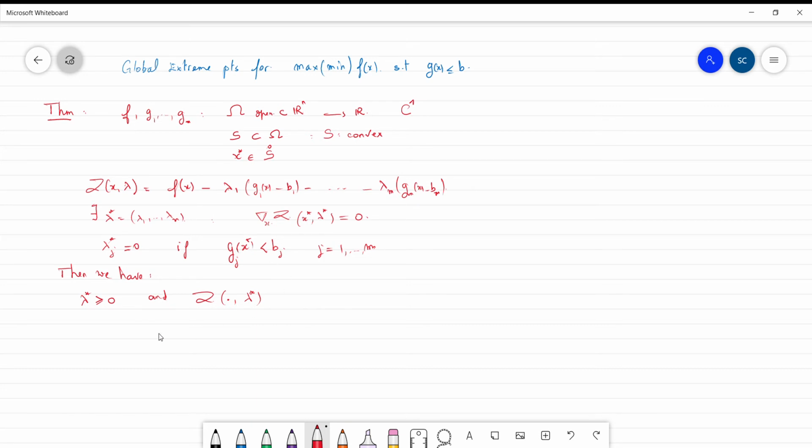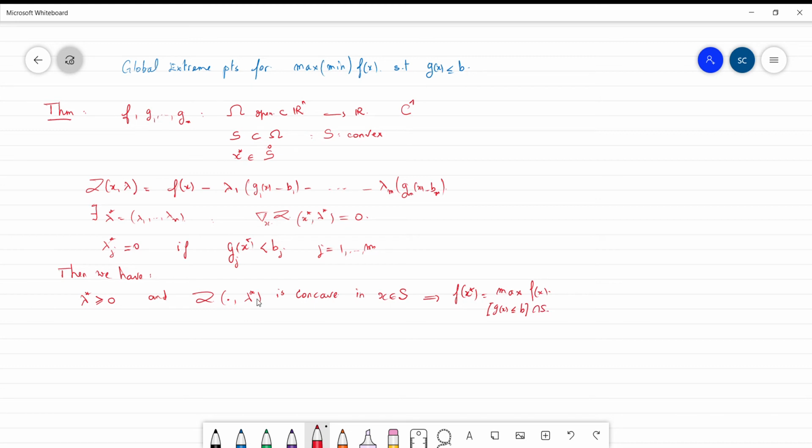So you fix this lambda and you study the convexity of the function in x. If it is concave in x belonging to S, then your x star is a maximum point. You are solving the problem over the set g of x less than b, intersect S.